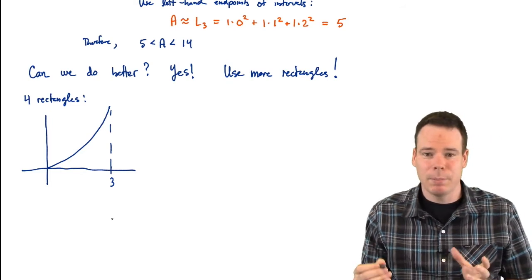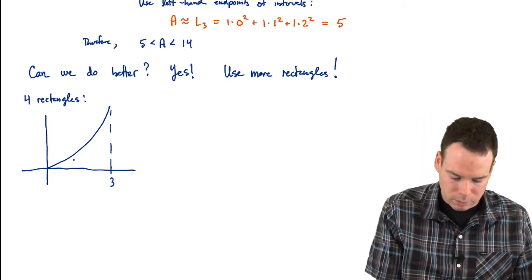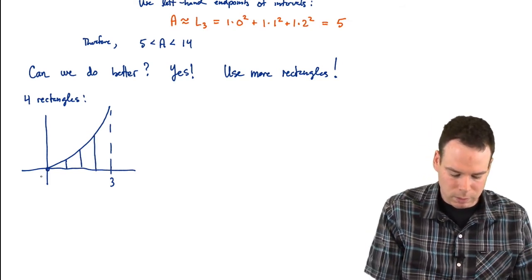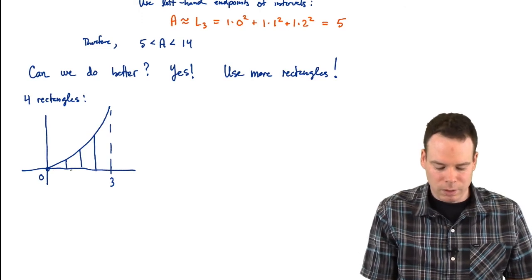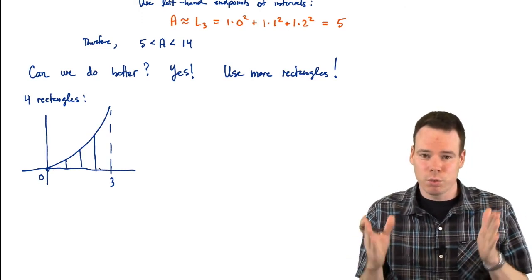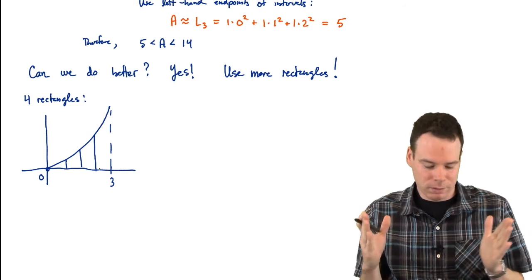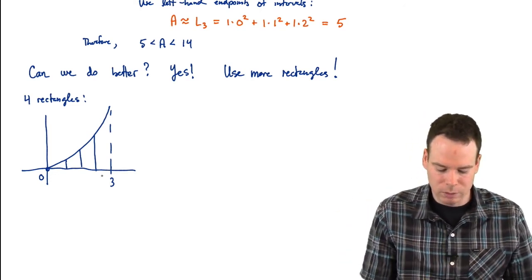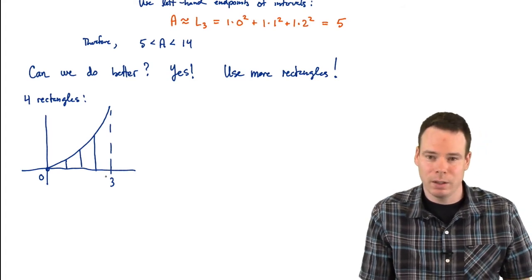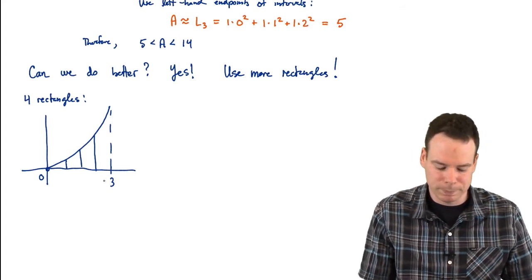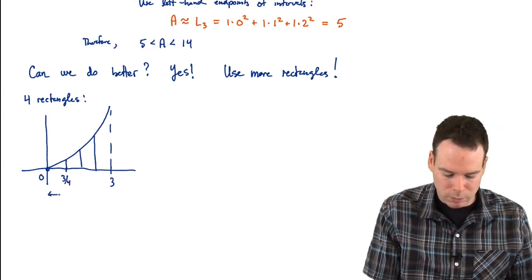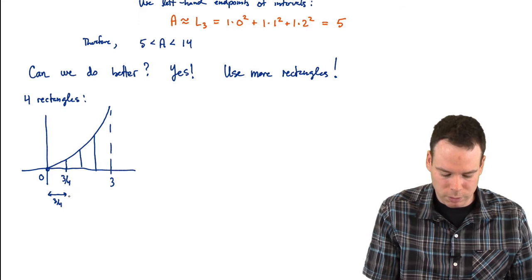And when we split it up into 4 rectangles, so we've got 1 rectangle, 2 rectangles, 3 rectangles, and there's the 4th one. What are these values here? Well, we're going to assume we're splitting it into 4 equal width rectangles. So what are the widths of each of these rectangles? Well, we're taking an interval of length 3, and we're splitting it up into 4 equal parts. So each width would be 3/4.